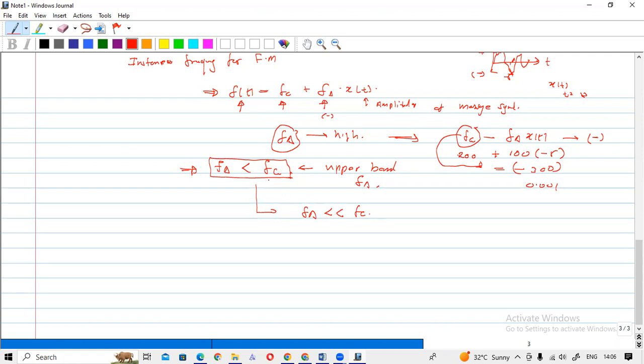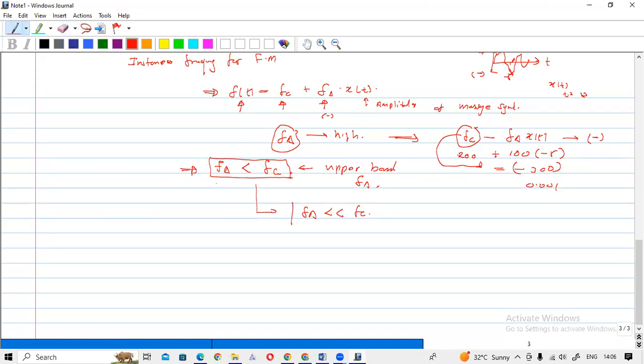For example, if FC is 200 and delta is 150, it satisfies the upper bound, but maybe your modulation will not be okay. Due to this reason, F delta should be very much greater than FC.